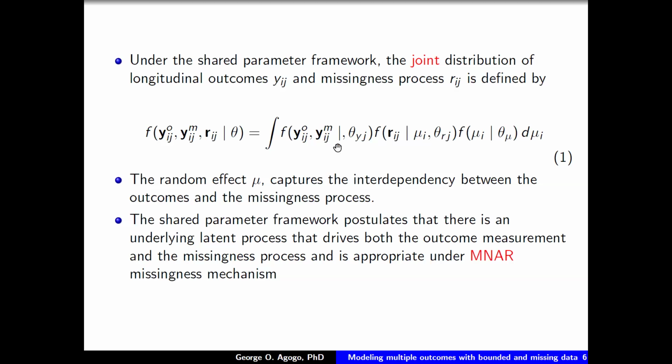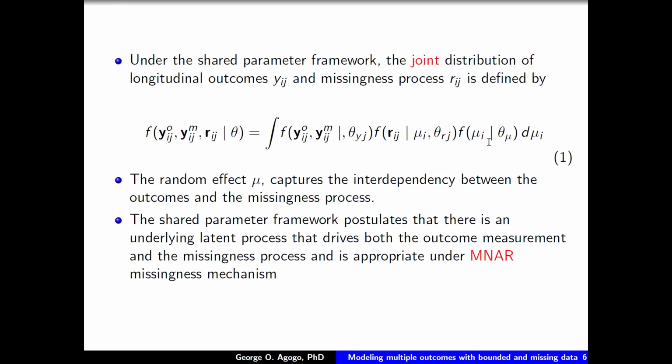On the right side of the equation, we are partitioning our outcome vector. The first component, f, is the probability density function of the outcome partitioned into observed and missing. The second density function is for the missingness pattern. The third density function, with the vector mu, is for the latent factors.